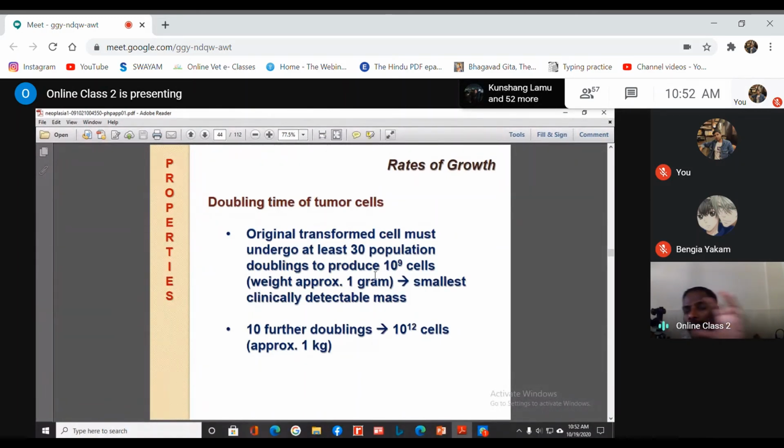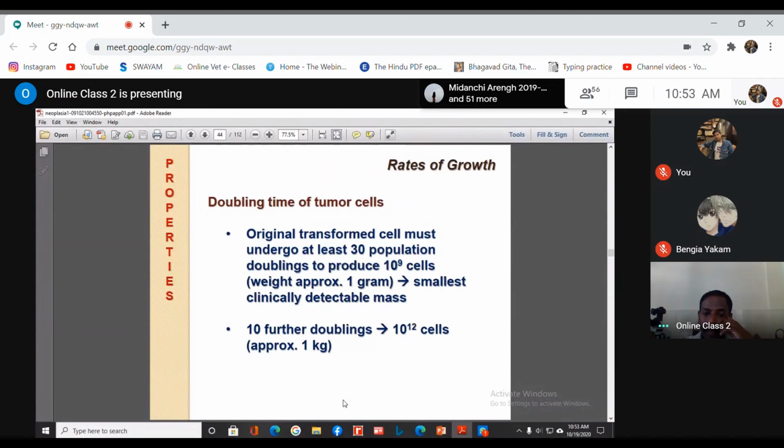So a tumor should be a minimum of 10 to the power of 9 cells, which approximately weighs around 1 gram, to be a clinically detectable mass. That requires almost 30 doublings.